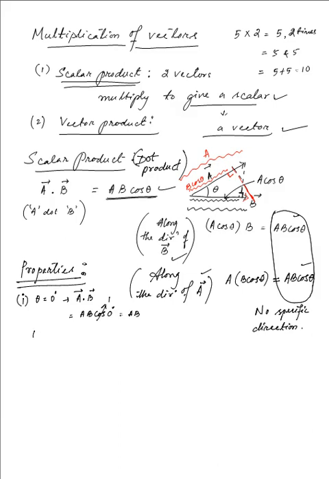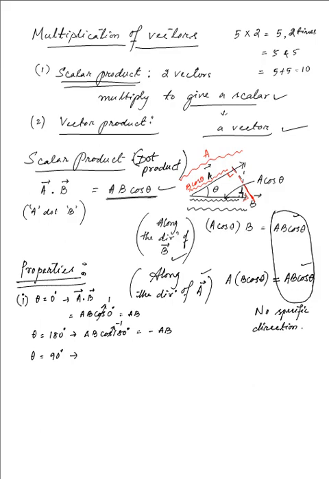For theta being equal to 180 degrees, you have AB cos 180, so cosine of 180 is minus 1, and so you have minus AB, which is negative. And this value goes to 0 for the angle between them being 90 degrees, because you cannot have any projection of a vector on any axis which is at right angles to it.